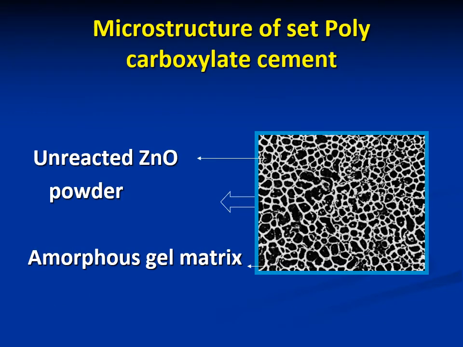And this is a scanning electron microscopic photo of the set polycarboxylate cement. This is the amorphous gel matrix of zinc polyacrylate, which is the white portion of the slide, embedded in it the unreacted particles of the zinc oxide.